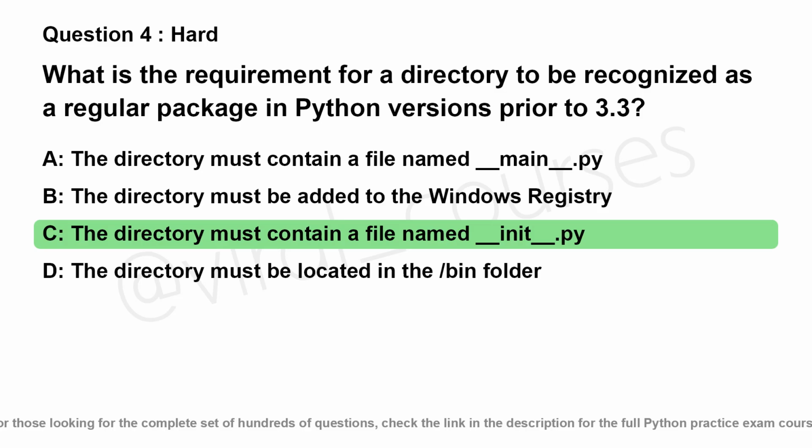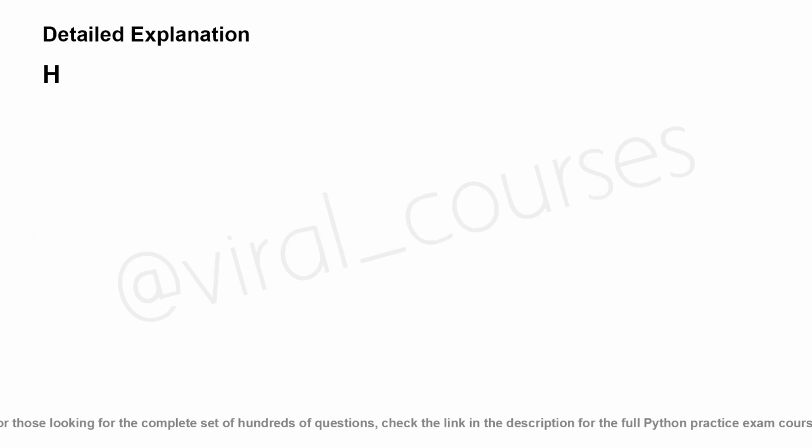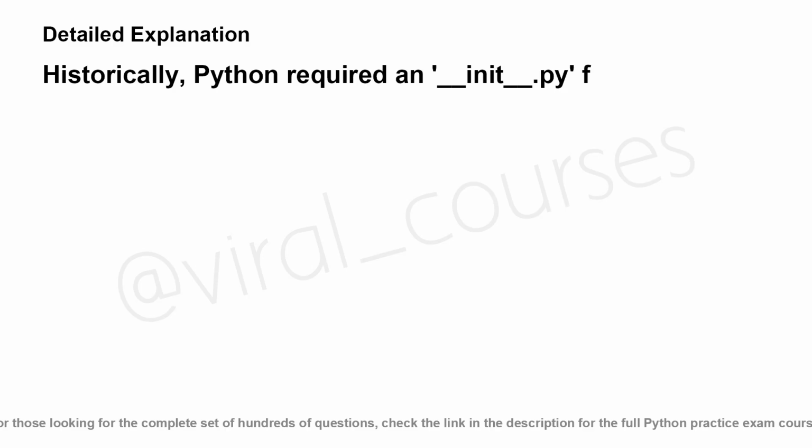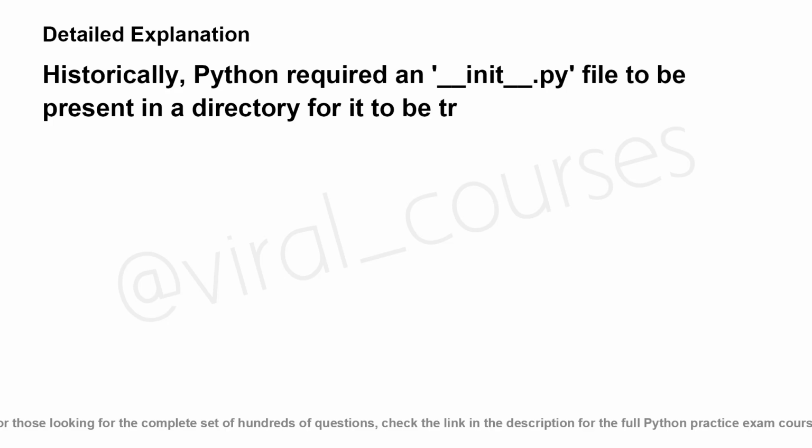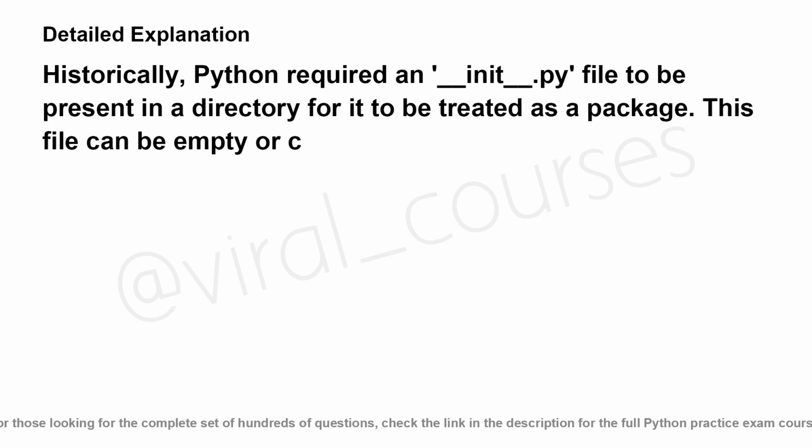The correct answer is C. Historically, Python required an __init__.py file to be present in a directory for it to be treated as a package. This file can be empty or contain initialization code for the package.